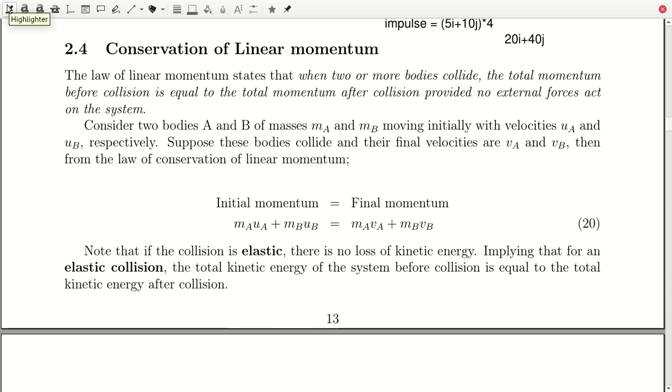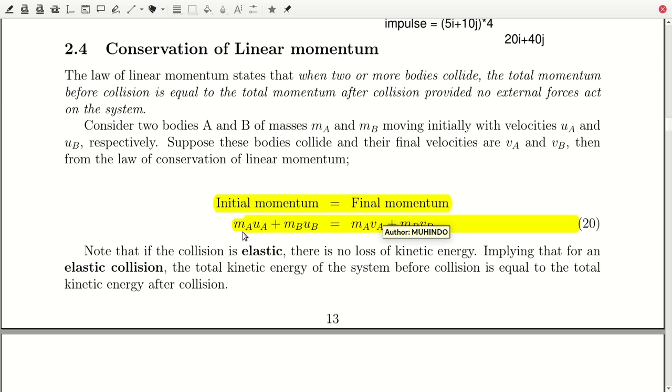We summarize it as initial momentum is equal to final momentum. This is for the case of two particles. They could be more than two. So if we have two bodies A and B, of masses MA and MB, moving initially with velocities UA and UB, and then after collision they have velocities VA and VB, then from the law of linear momentum we shall say initial momentum is equal to final momentum.